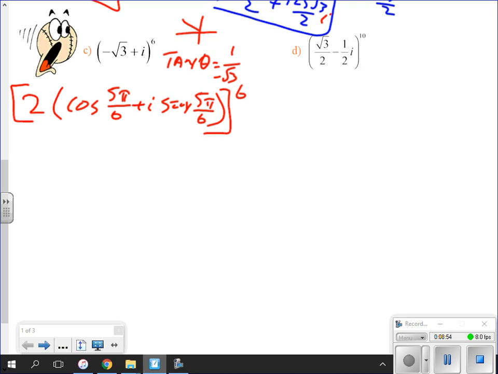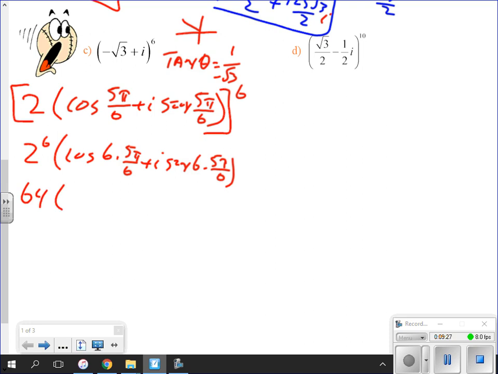Okay. Then you've got to take that to the 6th power. Well, that's not a problem, right? So I have 2 to the 6th times the cosine of 6 times 5 pi over 6 plus i sine of 6 times 5 pi over 6. 2 to the 6: 2, 4, 8, 16, 32, 64. 5 pi over 6 times 6 is 5 pi, so I have the cosine of 5 pi plus i sine of 5 pi.